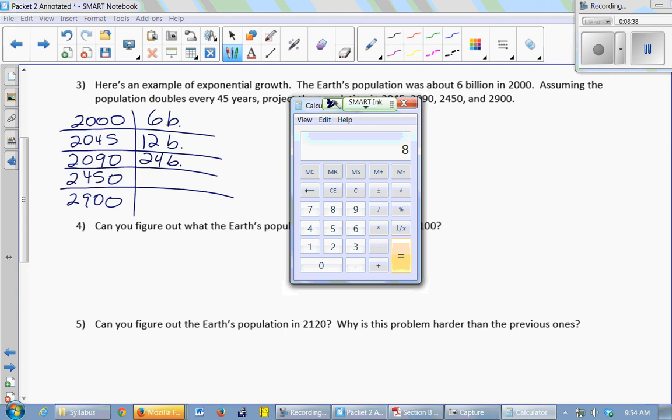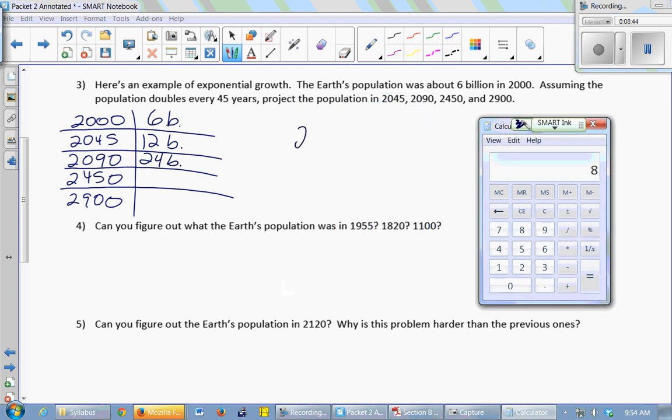So for 2450, I would take my 24 billion and multiply by 2 8 times. That's the same as multiplying by 2 to the 8th. Yep. Because multiplying a number by itself is the same as an exponent. The notation we use for that is an exponent.